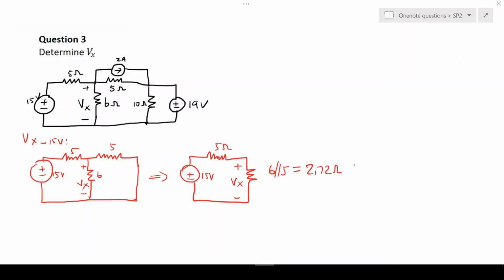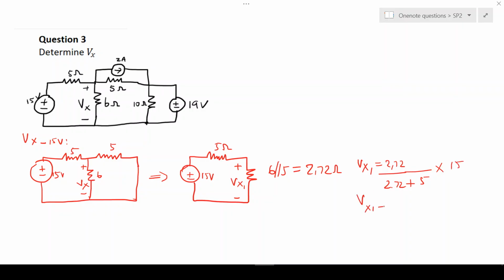So now we can determine Vx, and let's denote this as Vx1, by using voltage division: 2.72 over 2.72 plus 5, all multiplied by 15.